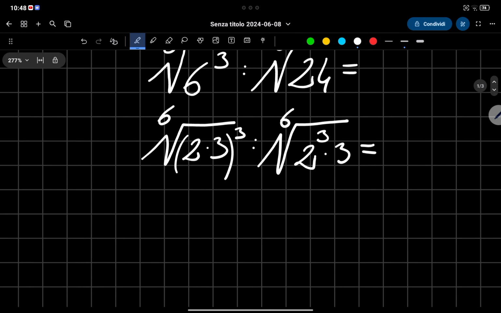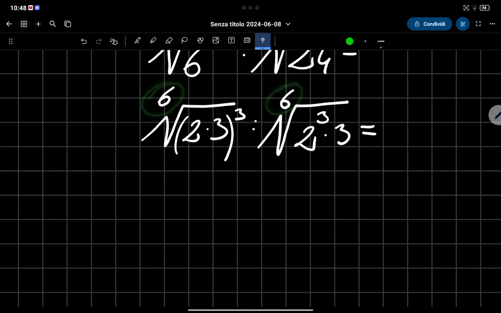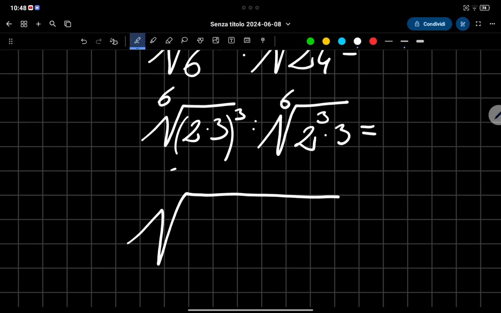Great. So, given we have the division of two radicals with the same index, we can write the division and the two radicands under the same radical symbol. So I will write a big radical symbol here, 6, and then inside I will write 2 times.